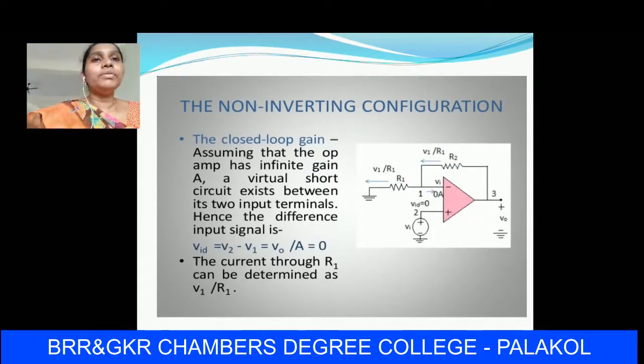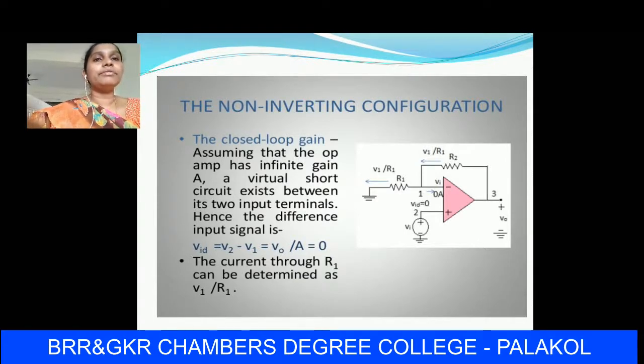Now we will calculate the gain of a non-inverting amplifier. In the non-inverting configuration, the closed loop gain is, assuming that the op-amp has infinite gain, and also we take the virtual ground concept between the two terminals, terminal 1 and terminal 2.